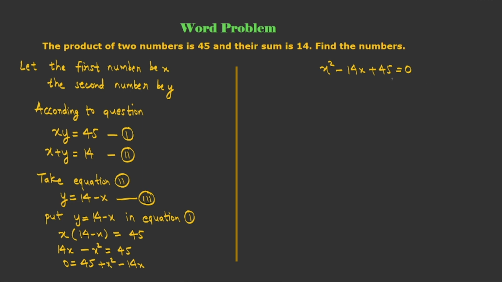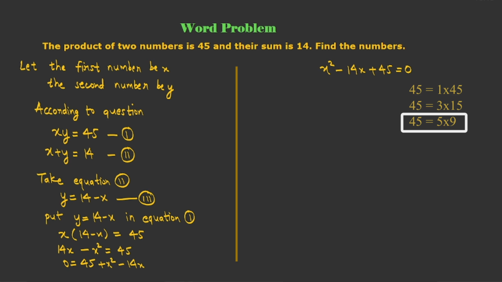So what you have to think here, if I am solving it by middle term splitting, then just factorize 45. You will factorize 45: 1 into 45, or 3 into 15, or 5 into 9. So you can see here only this pair satisfies the condition for the middle term splitting.